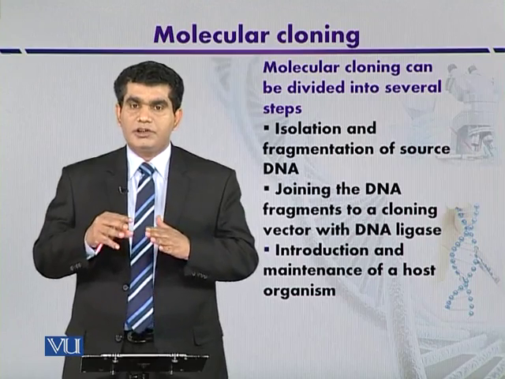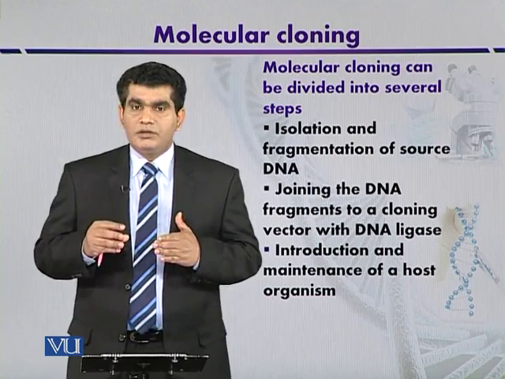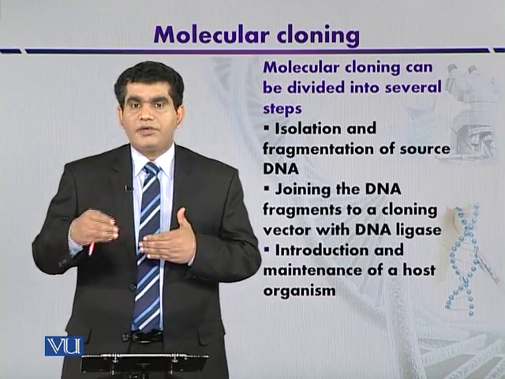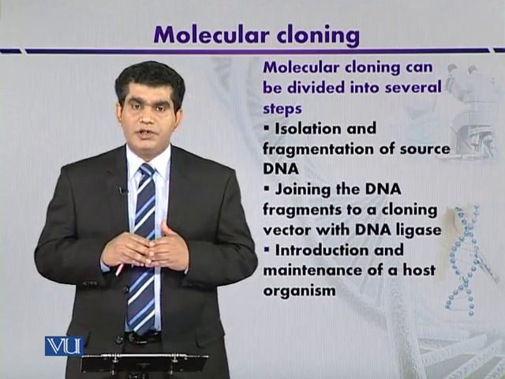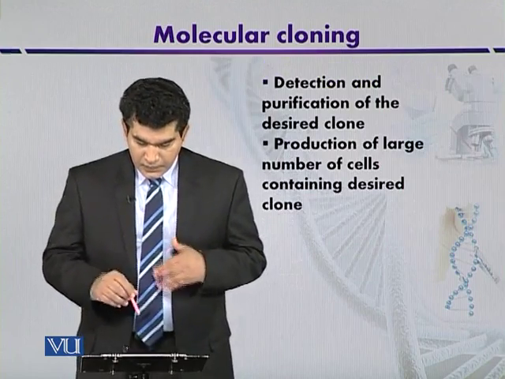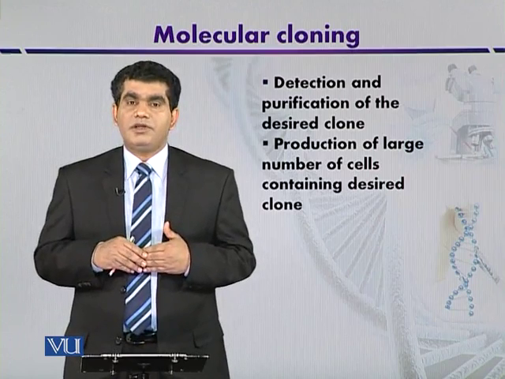Why? Because it contains a number of transformants with our gene of interest or even some other fragment from the source organism or the source DNA. So, the next step will be the detection and purification of the desired clone.